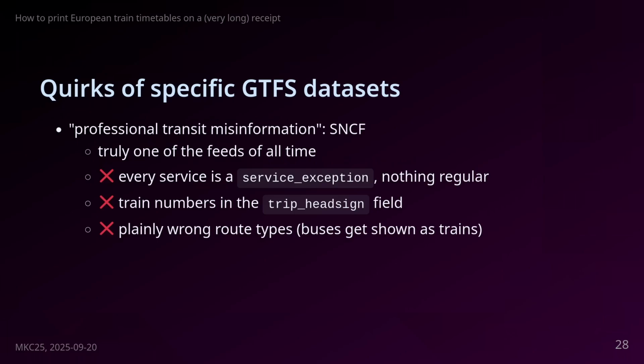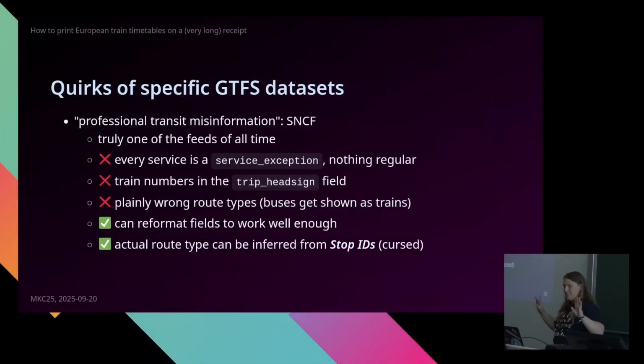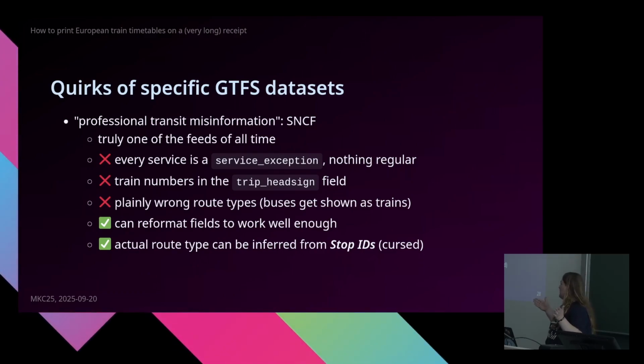First, for the service exceptions and the trip headsigns, service exceptions is something we don't really care about. Headsigns is something we can pass. But for the wrong types, turns out it can be inferred from the stop ID, which according to the spec is not to be interpreted and is just to be taken as a string literal, as a key.